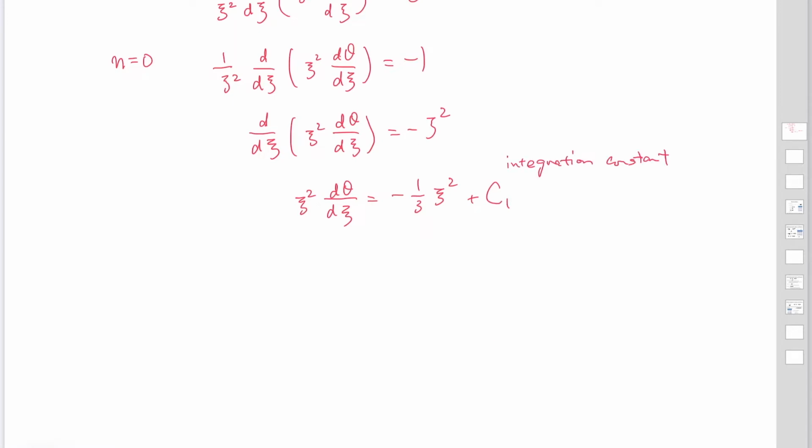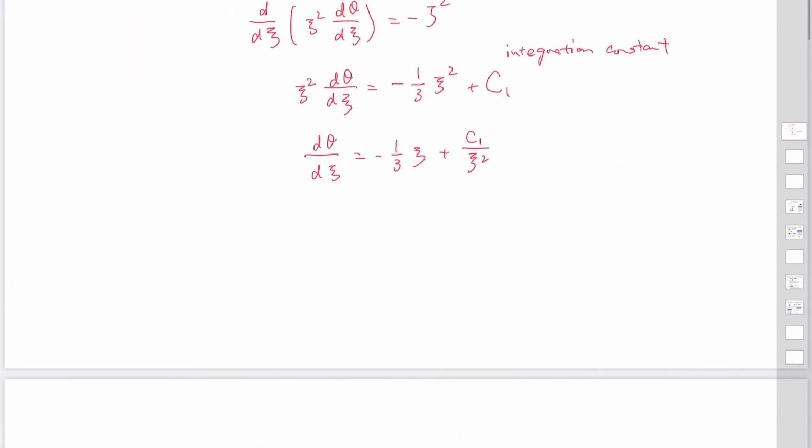Then by dividing by ξ², dθ/dξ = -1/3 ξ + c₁/ξ². One more integral you could perform. It becomes θ = -1/6 ξ² - c₁/ξ + c₂.